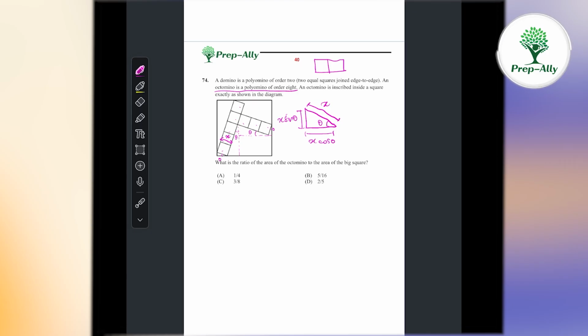So in this square, we have this length as x cos theta, this length as x sin theta, right?